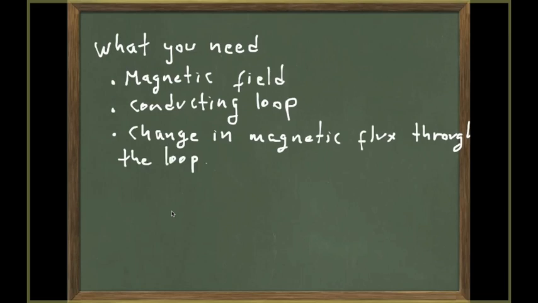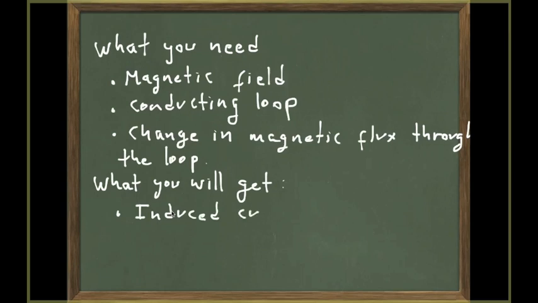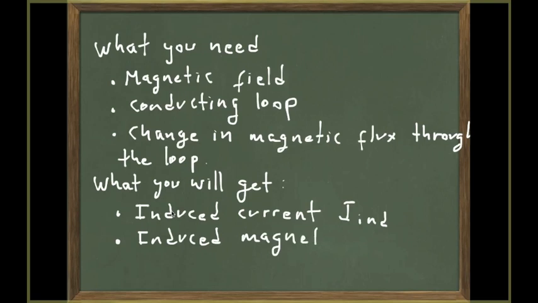If you do all those things, what's going to happen? Lenz's law tells you, number one, there will be an induced current. If there is an induced current, there's going to be an induced magnetic field. You will get an additional magnetic field in your problem, which is not the same as the magnetic field whose flux is changing. Those are two different magnetic fields. I will explain that with an example.